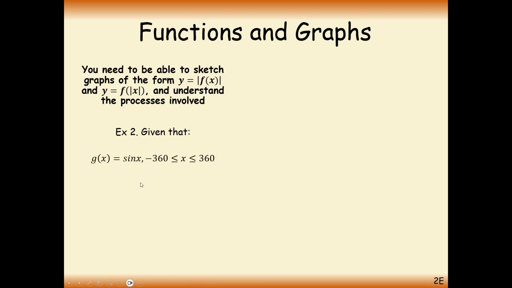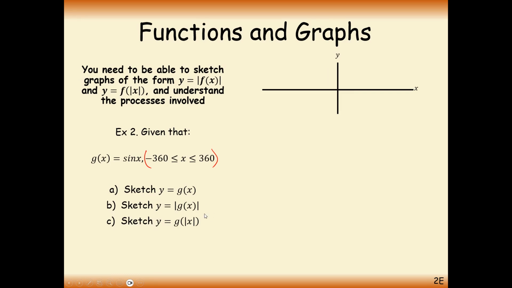In this example, we simply have a sine curve with the domain of negative 360 to positive 360. First of all, if we take the absolute sign of the function, that means the y values will never be negative. So for the first part, part A, we're simply plotting what sine is between negative 360 and positive 360.